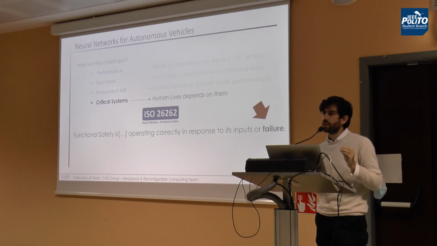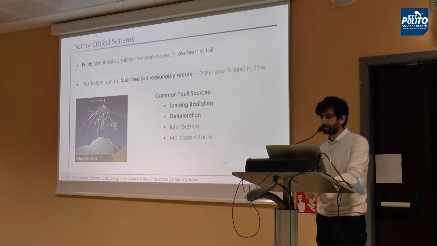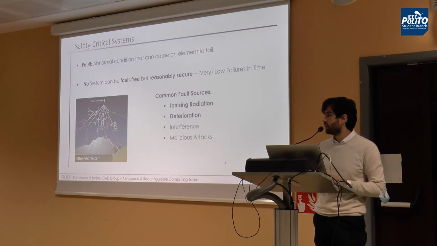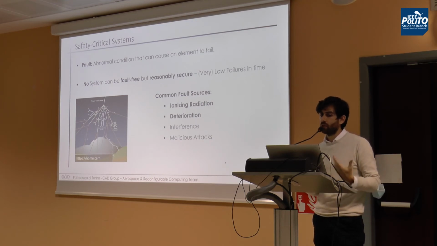It means that my system needs to work correctly with all the inputs, but it also needs to work correctly if there is a fault in the system. Faults are abnormal conditions that can cause an element to fail. They can be caused by several sources like ionizing radiation, aging that can lead to deterioration, or interference and malicious attacks.